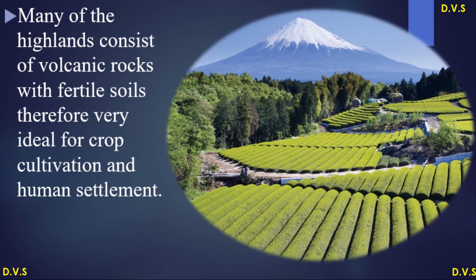Many of the highlands consist of volcanic rocks with fertile soils, therefore very ideal for crop cultivation and human settlement. Many of these mountains, which are volcanic, have fertile soils that favor agriculture, like on the eastern slopes of Mountain Elgon, the windward side of Mountain Kenya, and the windward side of Mountain Kilimanjaro.